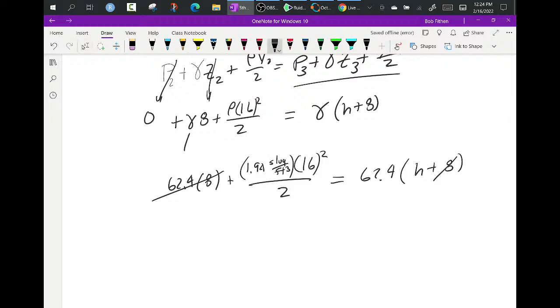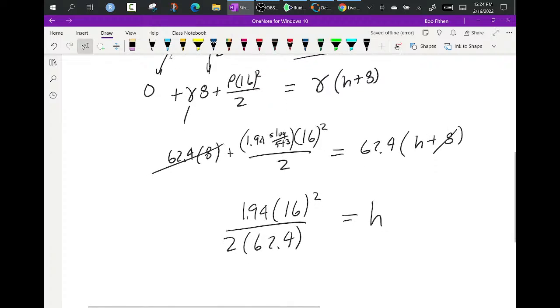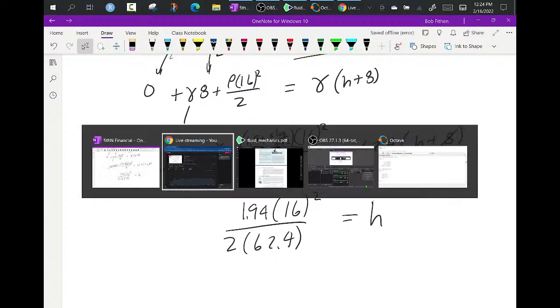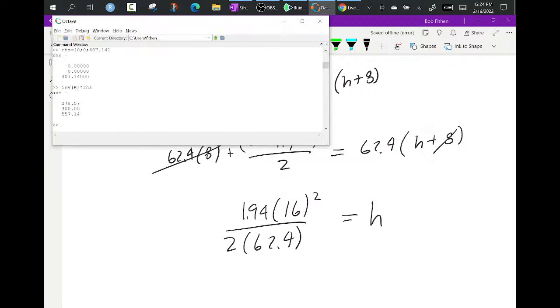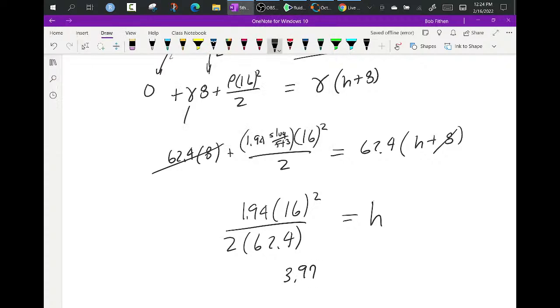And then what you'll get is 8 will be 1.94 times 16 squared divided by 2, divided by 62.4. And what you end up with is H of 3.97 feet, which is equal to about 8.